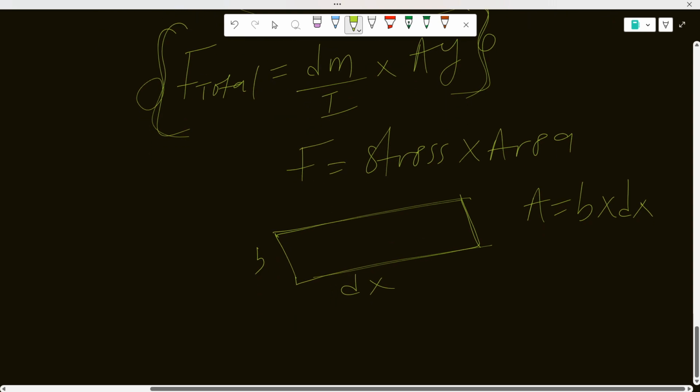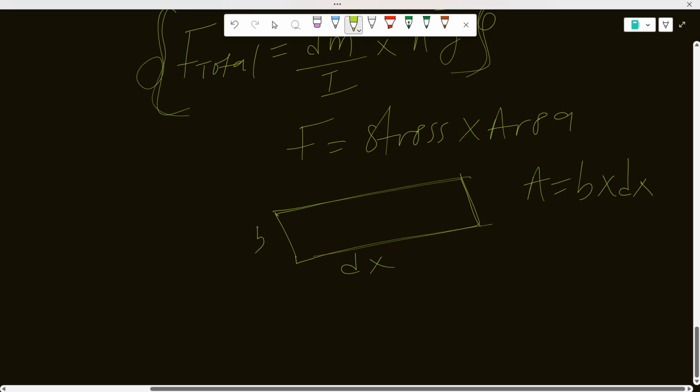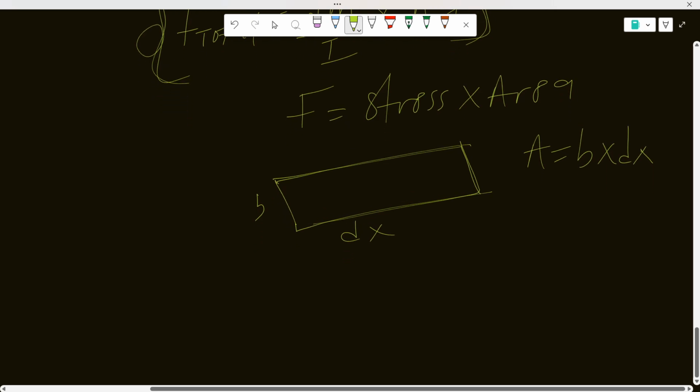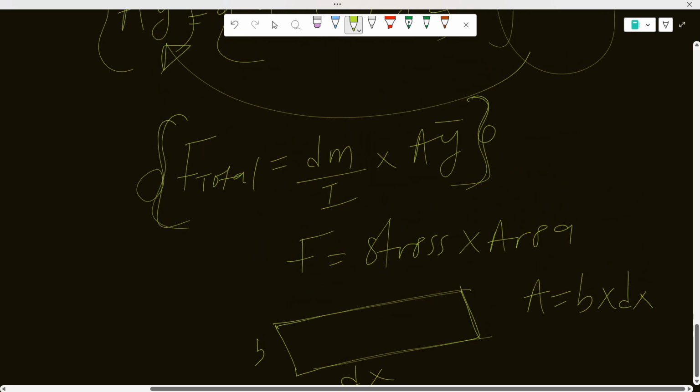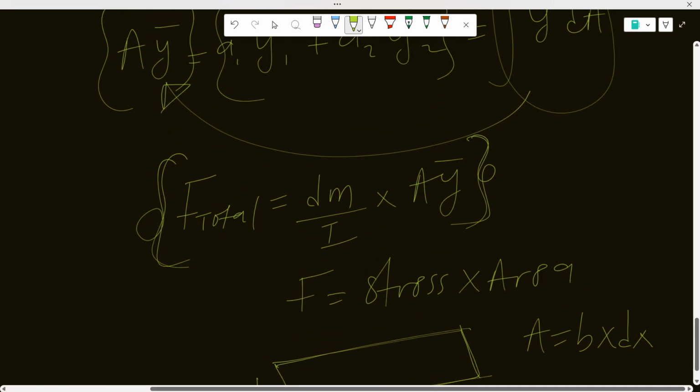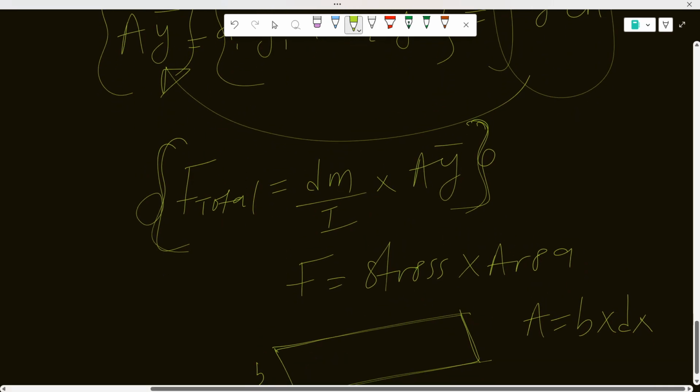Remember I said that we need something of the same magnitude to balance out this expression so that the sliding will not happen.